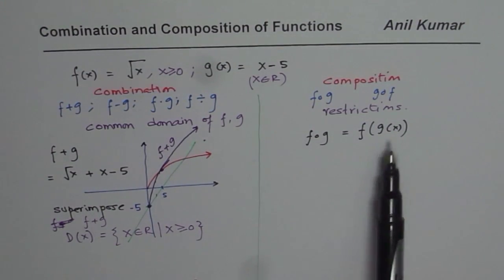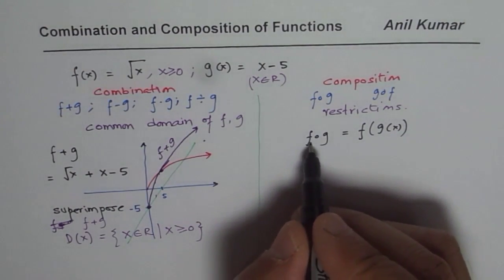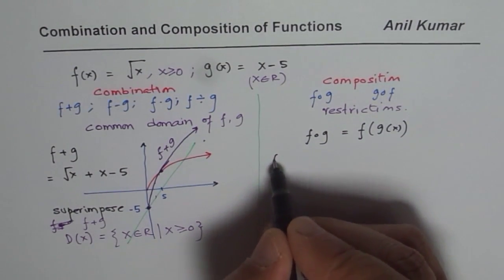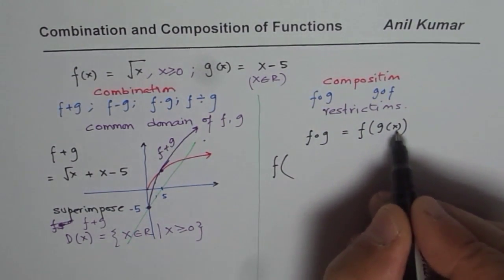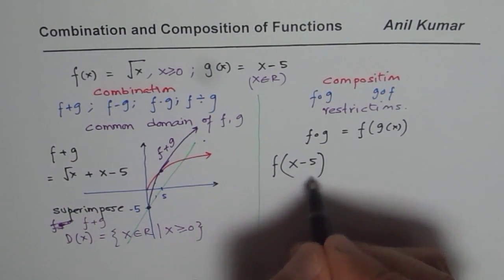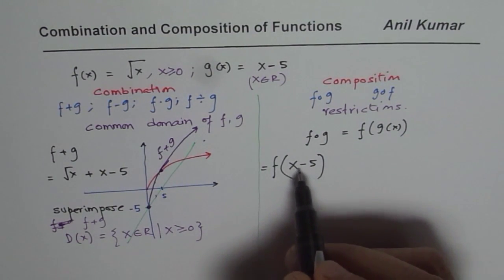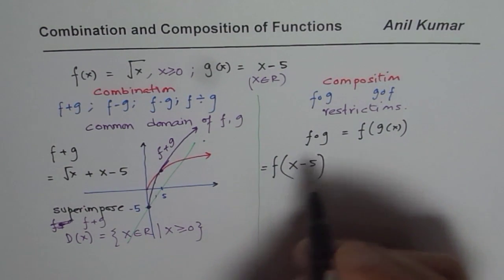Now, when we say composition of functions, it really means if I say f of g of x, and g of x is x minus 5, so we get this as x minus 5 here. Do you see that? So we just substitute the whole function x minus 5 within f, right?